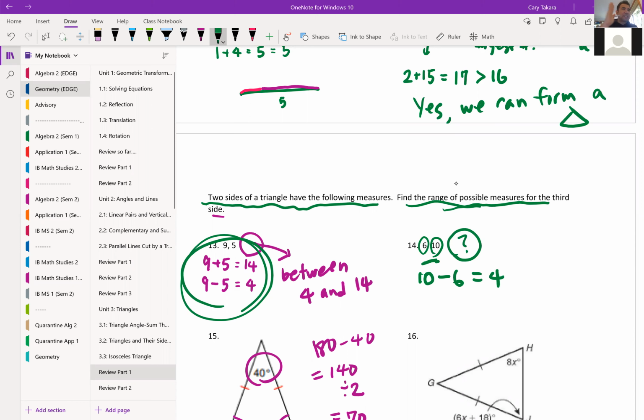So the 4 is the lowest that you can go. And the highest will be 10 plus 6, which is 16. So your answer will be between 4 and 16. Any number that you pick between 4 and 16 will work. Okay.